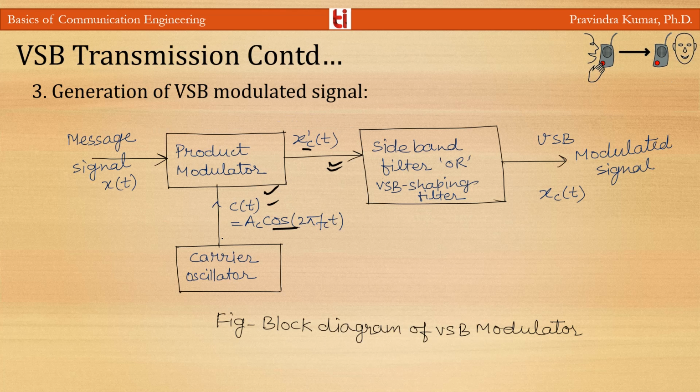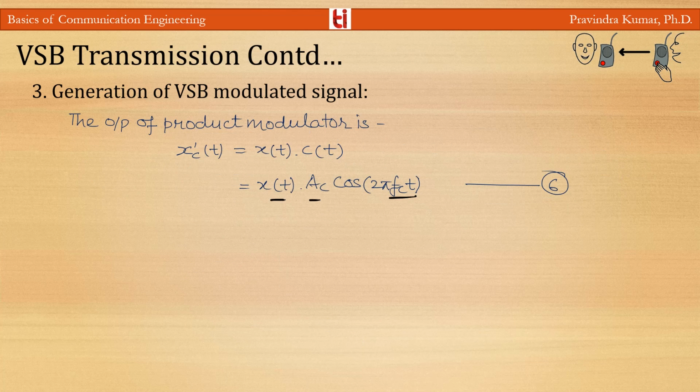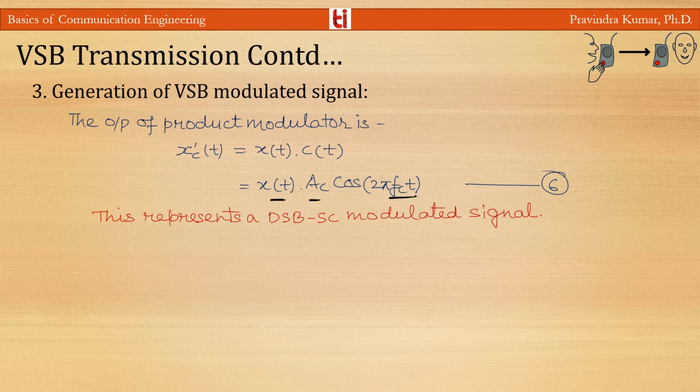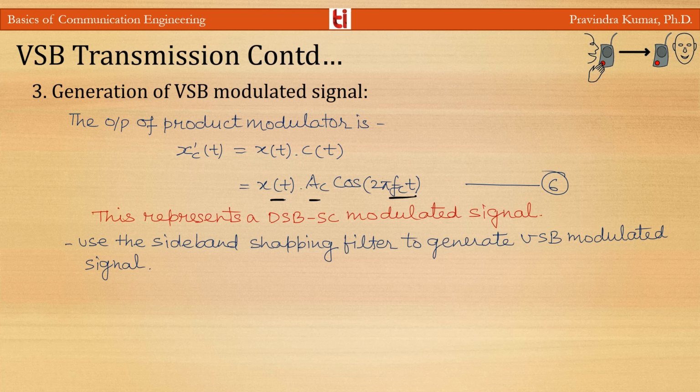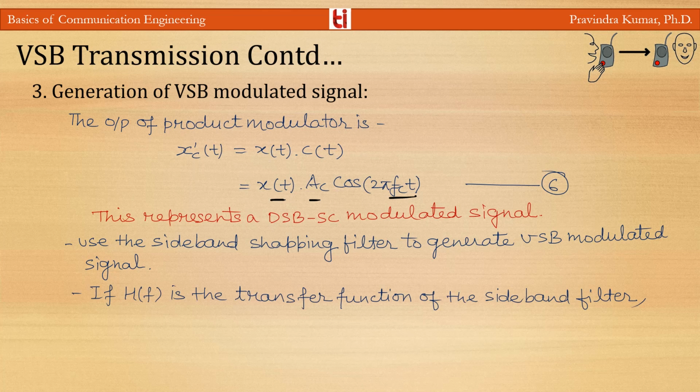Here we have used the sideband filter or VSB shaping filter. This filter is referred to as the sideband shaping filter. This filter will pass the wanted sideband as it is, along with a part of the unwanted sideband. So the design of this filter depends on the desired spectrum of the VSB modulated signal.